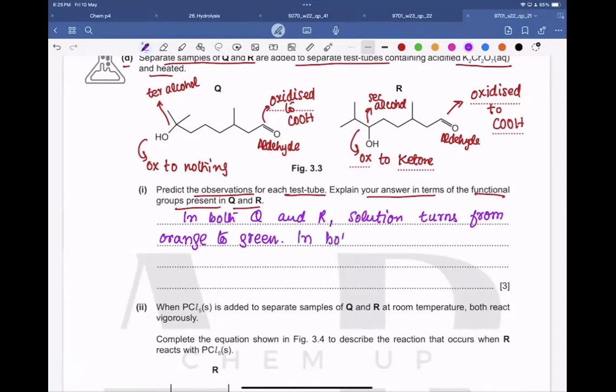In both, aldehyde, which is a CHO group, is oxidized to COOH.